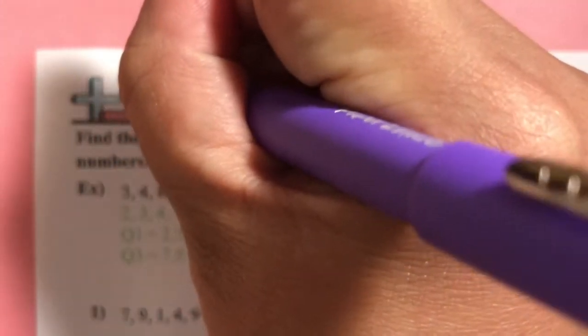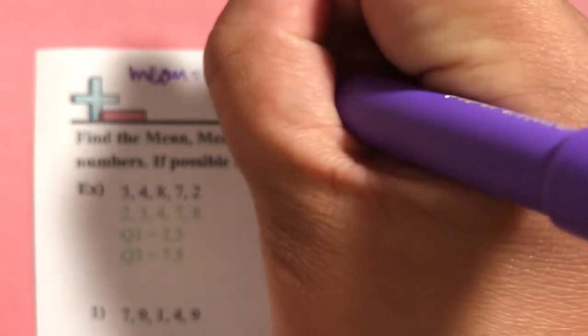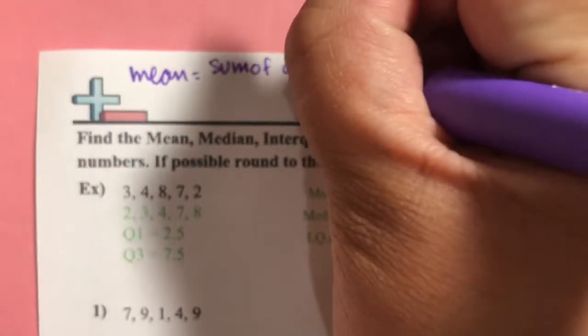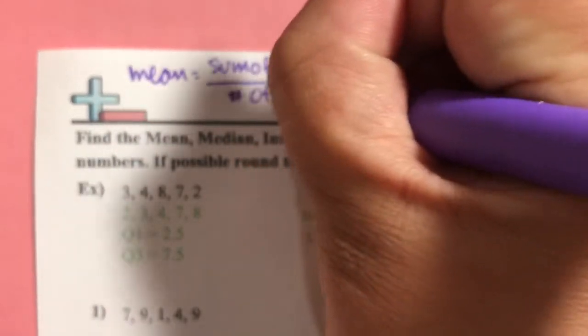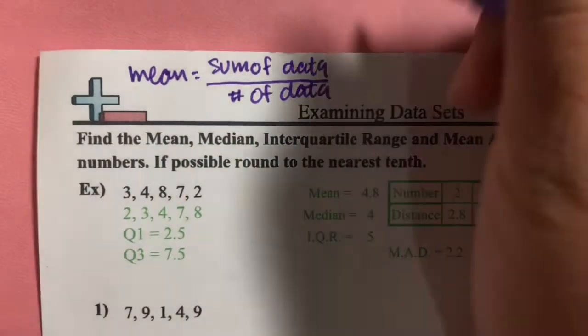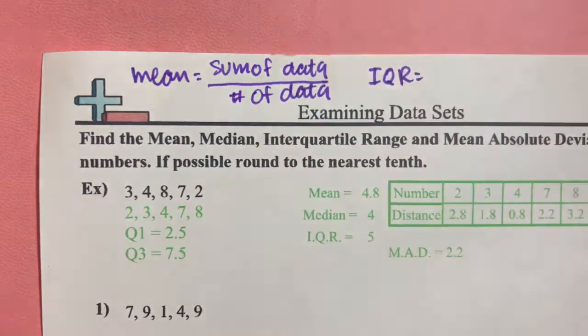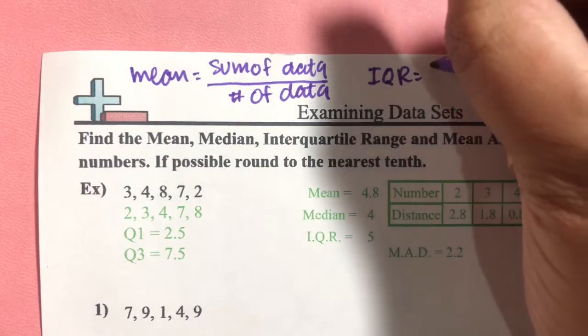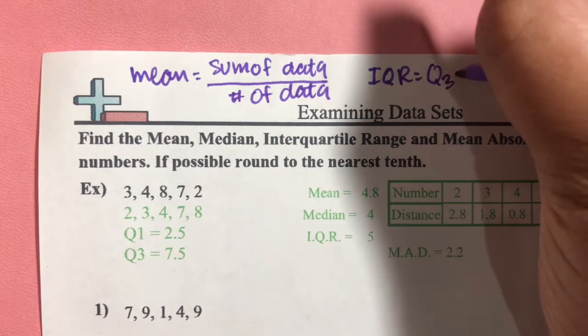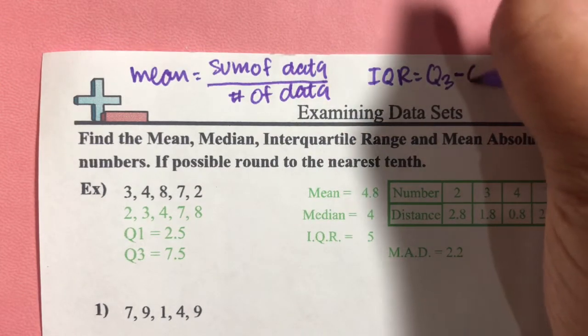So for mean, it is the sum of data divided by the number of data. The interquartile range is the third quartile subtracted by the first quartile.